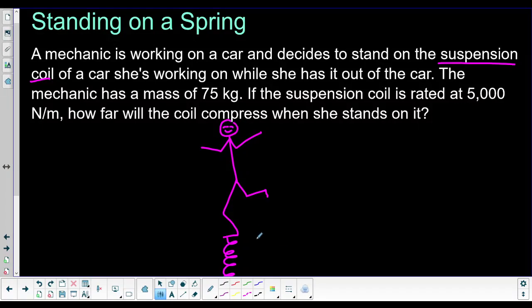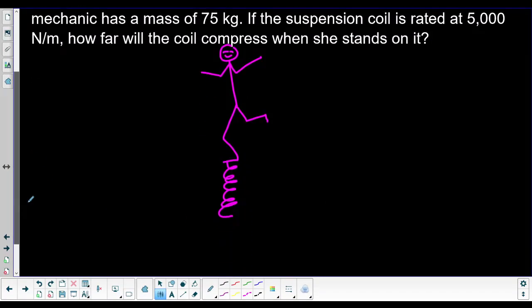And we want to know what will be the compression of our spring because of this mass that's been added to it. So what we're going to do is we're going to draw a force diagram for this person and then compare.